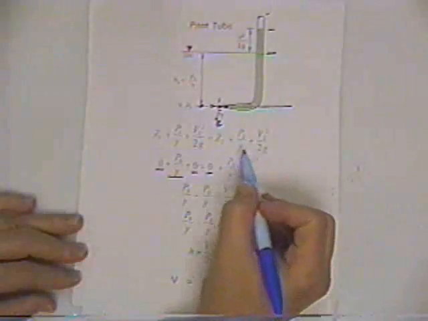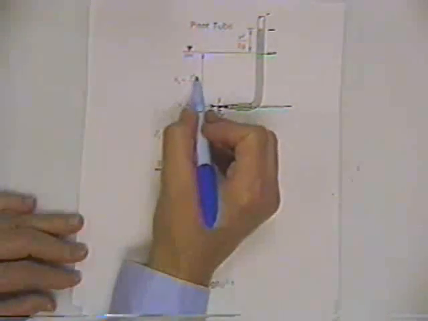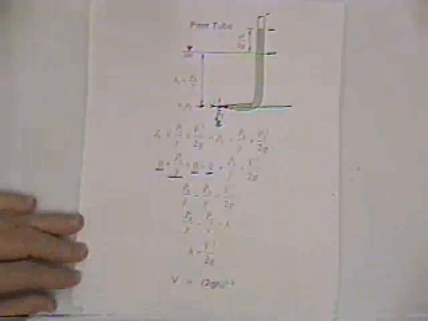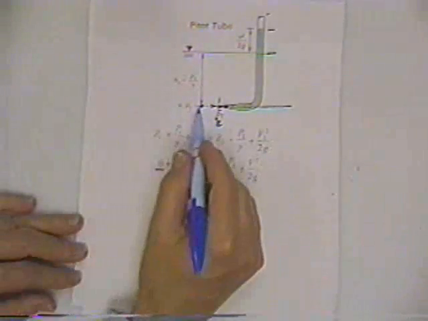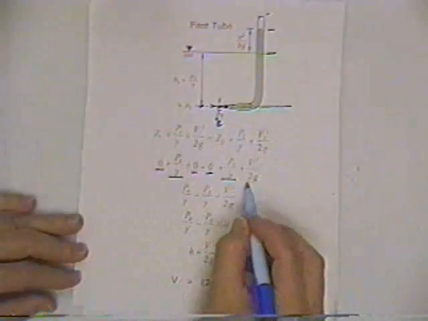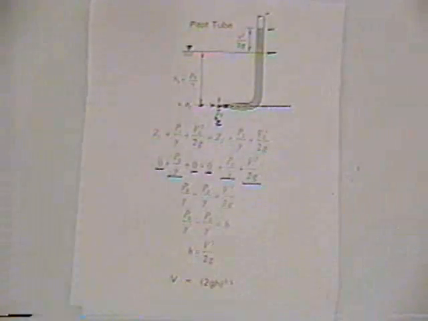We'll call it PS, stagnation pressure. And then there is a velocity. When you get away from the pitot tube, there's some velocity.